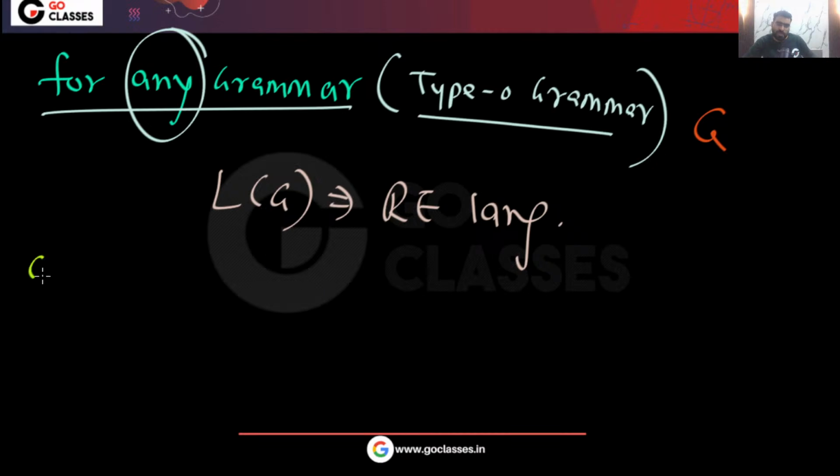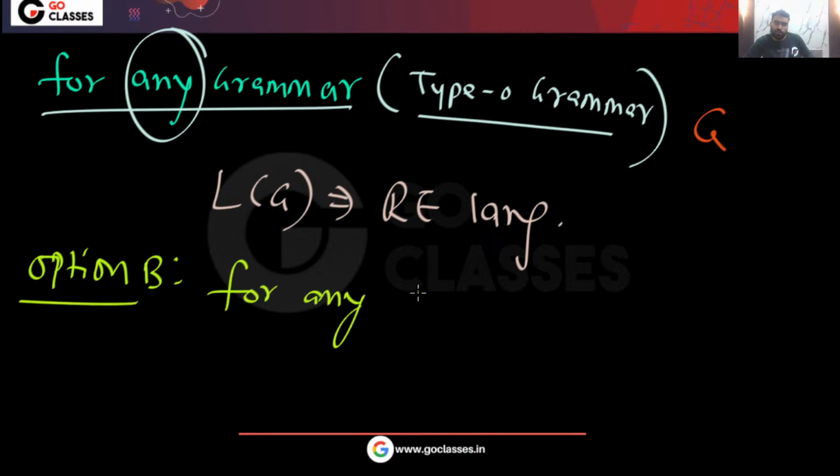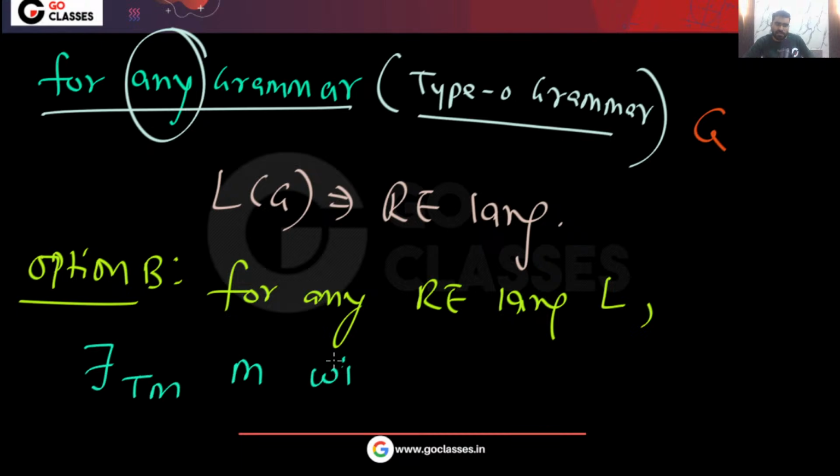Now option B is basically saying that for any RE language L, there exists a Turing machine which accepts L complement.